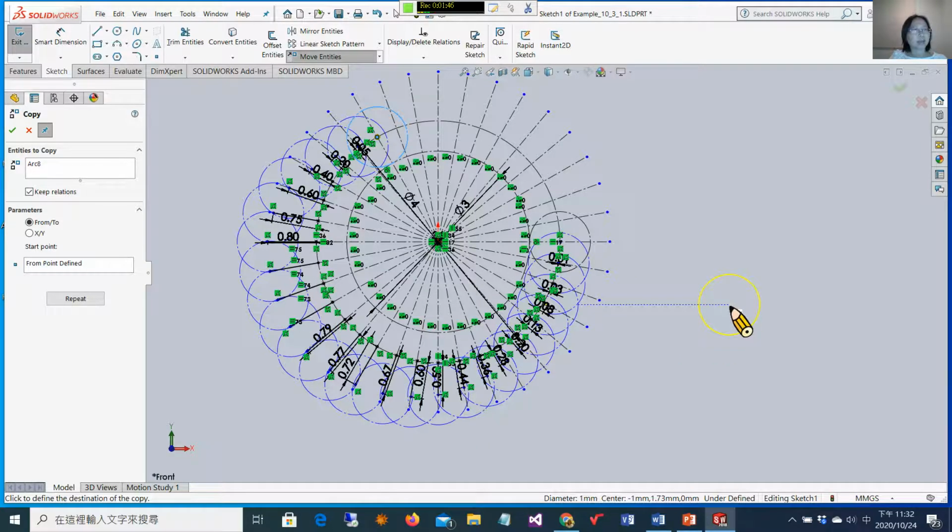From the cam angle 0 degrees to 350 degrees, we totally have 36 circles here. The roller positions are the locus of the follower in motion.